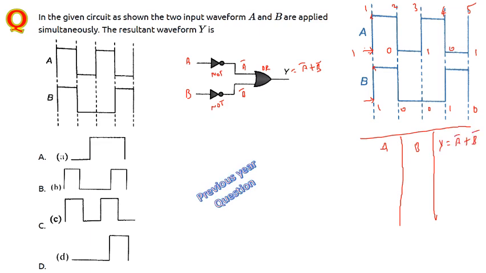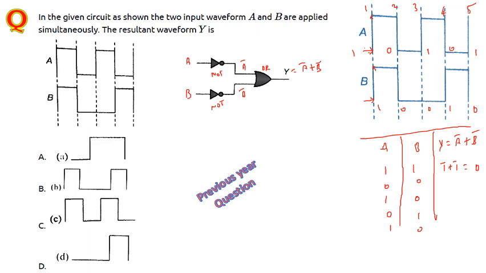A is 1, 0, 1, 0, 1. B is 1, 0, 0, 1, 0. Y is equal to A bar plus B bar. For 1 and 1: 1 bar plus 1 bar, 1 bar is 0, 1 bar is 0, 0 plus 0 is 0.